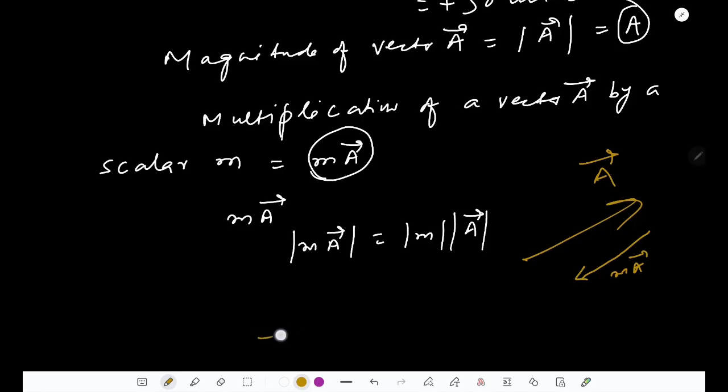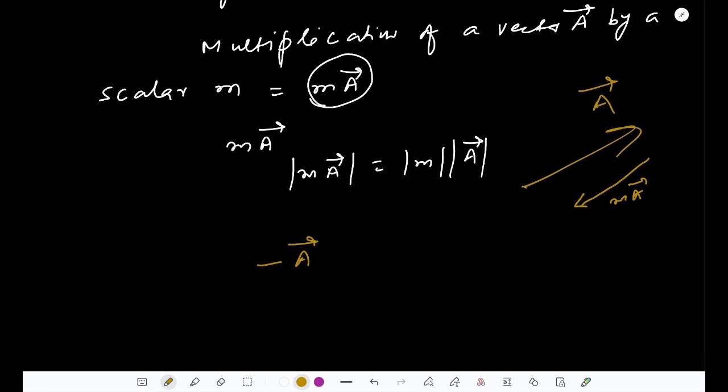So the vector minus A should be considered as the product of the scalar minus 1 multiplied by vector A. And as I said earlier, minus vector A differs from vector A in that it has an opposite sense. These operations have nothing to do with the line of action of a vector.